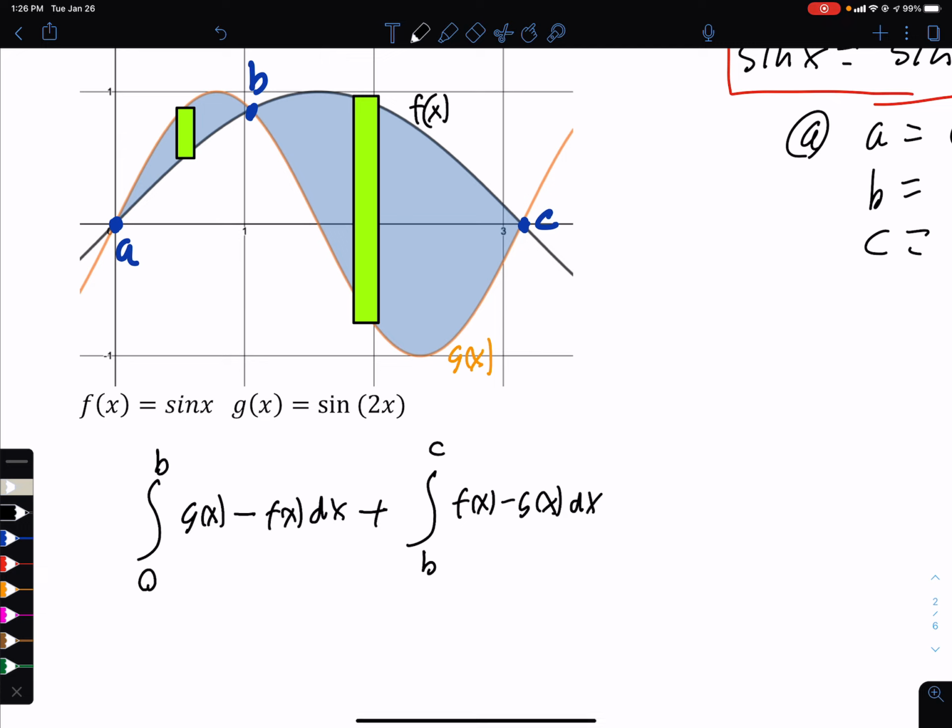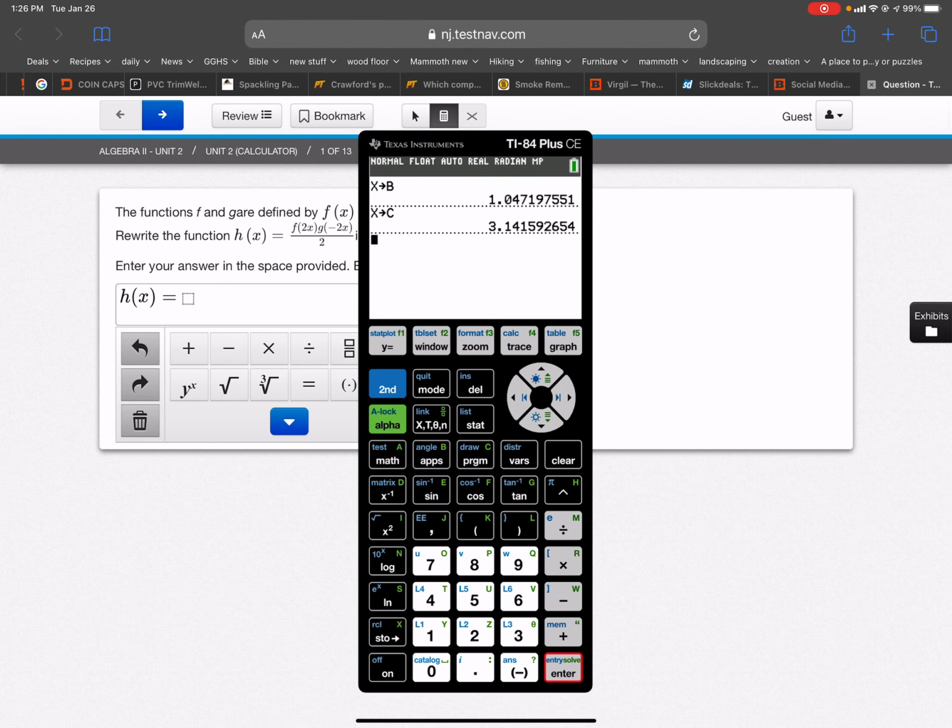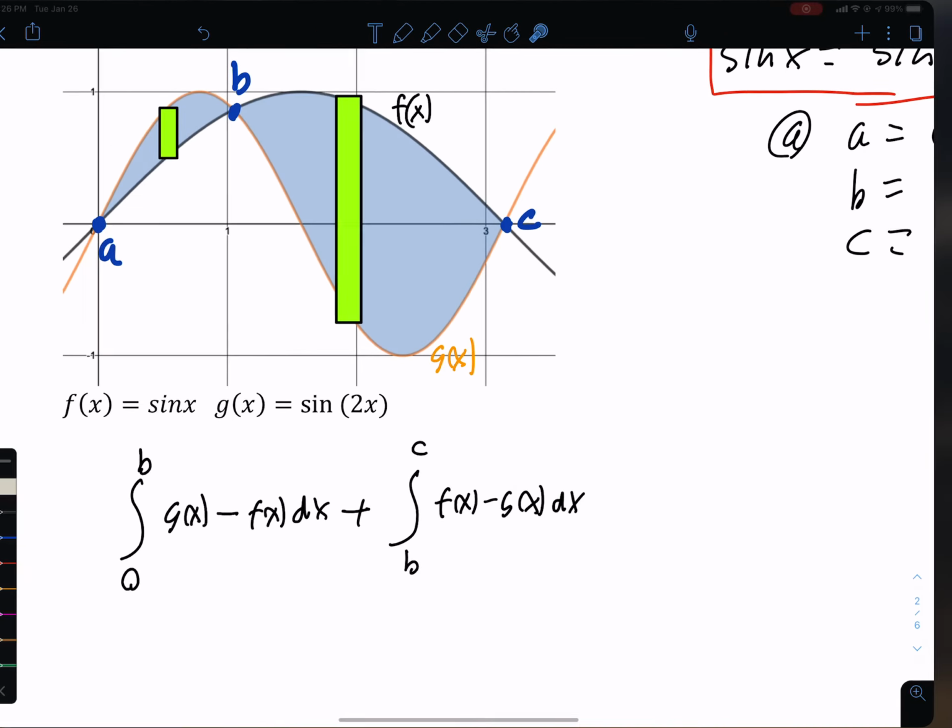Now, since this is a calculator problem, I don't need to actually put the functions here, because by putting g of x, I've actually put that. And by putting f of x, I've actually put that. So you don't have to actually write the functions as long as they're predefined. Now, back in my equation, my y1 was sine of x.